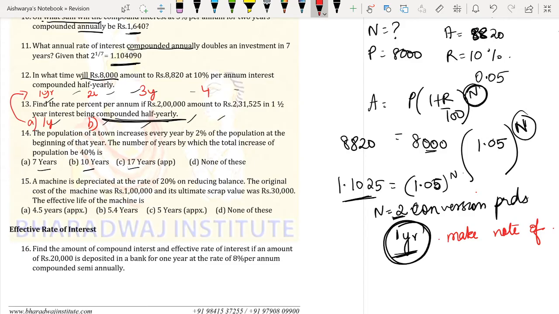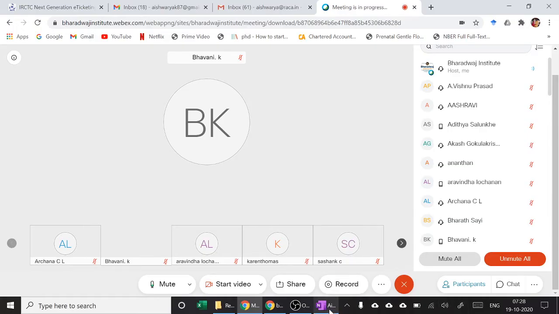So when you get 2, you will just tick this. But it is not correct to tick this. Okay, 2 years is not the answer. The answer is 1 year, which is 2 conversion periods, because there are 2 half years in 1 year. I hope this is amply clear with everybody. Any doubts, anybody on this? Very good. So let us proceed to the next.